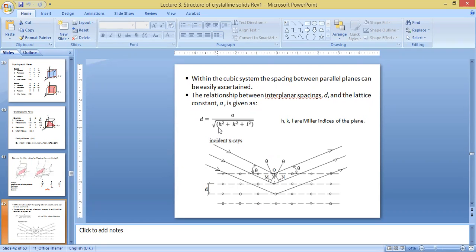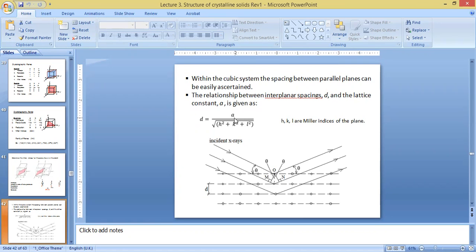So if our indices were, like we had initially, 0, 1, 0, negative 1, and 2, then h would be 0, we replace h with 0, here we'll have negative 1, and here we'll have 2. Then a is the lattice constant, which will usually be given.